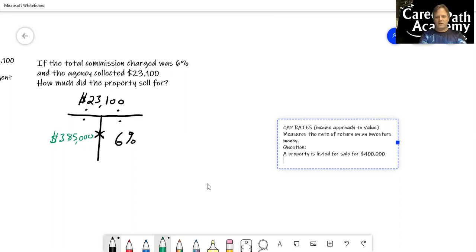The total rents are, hold on a second. Let me see what the total rents would be. The total rents are $3,600 a month.